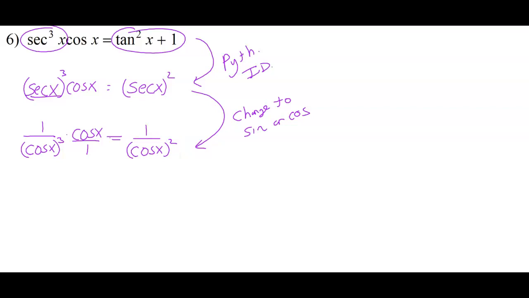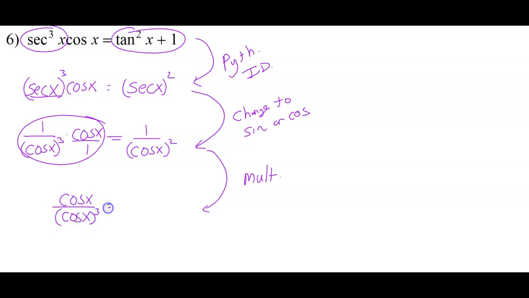All right. What should I do next? I'm going to multiply. I'm going to put these together by multiplication, and I'm going to end up with cosine of x over cosine of x cubed equals 1 over cosine of x squared. The last thing I'm going to do is I'm going to reduce, because I have 1 cosine of x on the top and 3 on the bottom.